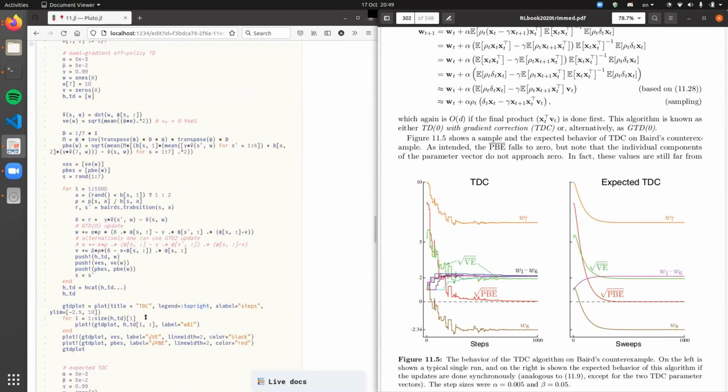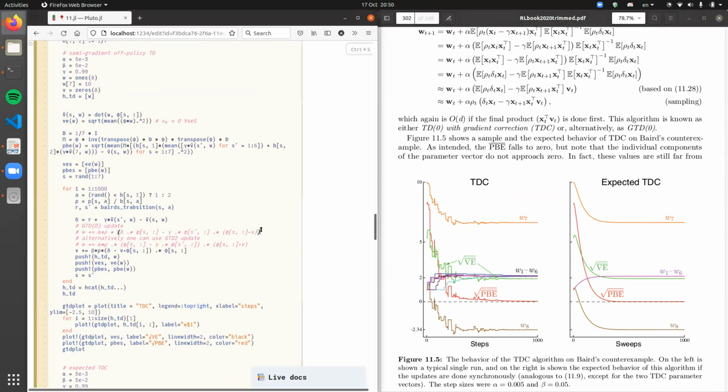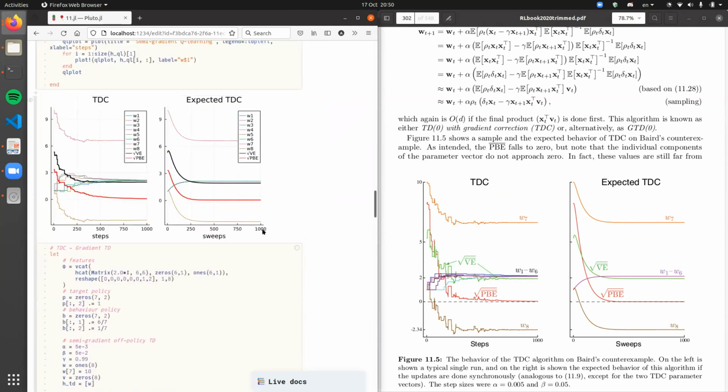It converges in both cases when using GTD0. Or, just out of curiosity, I was trying GTD2 here, and I believe it has very similar results. The plot is very similar, and we still have this problem that value error converges very slowly in this case.